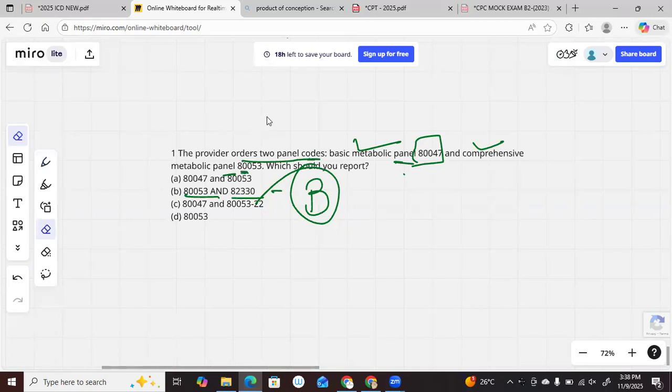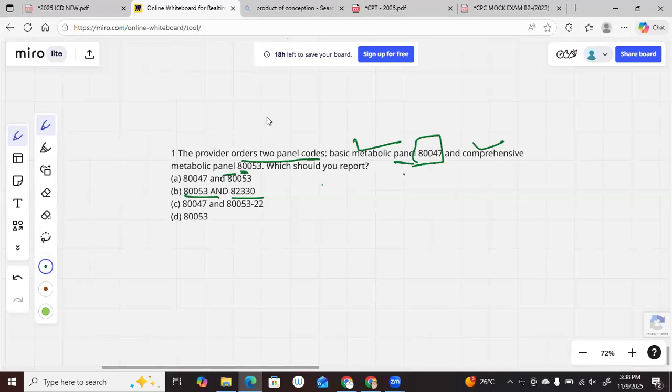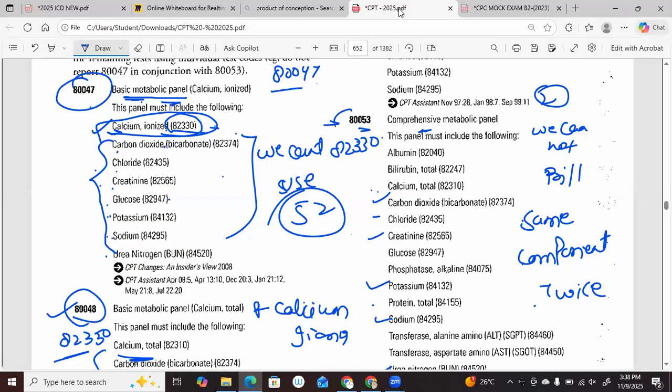And the question they're asking is what should you report: both codes, or only one of them. So we have both panels on the same date of service, so 80053 and 82330.